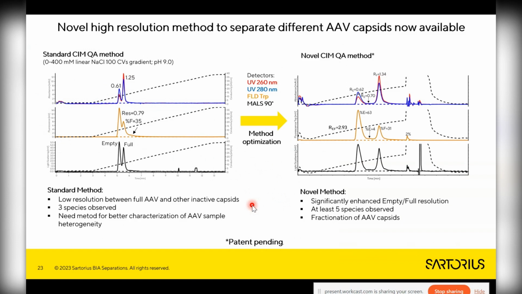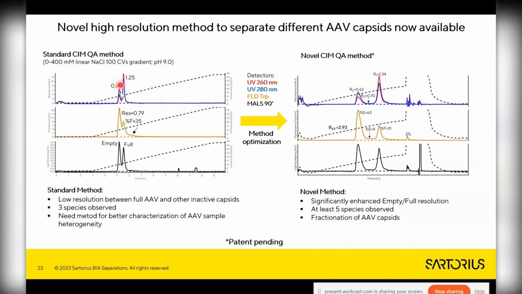And we indeed found some species which are perfectly okay, are cGMP compliant, which unify the particles. By using these species, we can convert the separation of the same sample, which with our old method is usually performed with just a sodium chloride gradient from 0 to 100 millimolar, at pH 9.0.